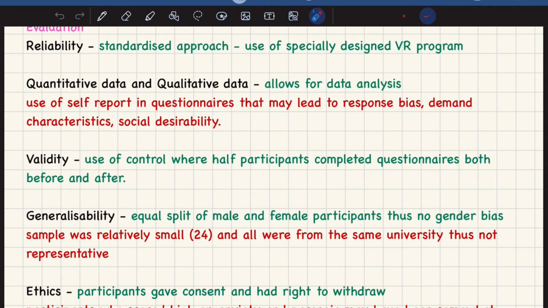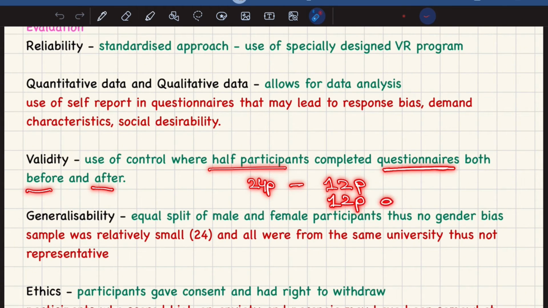So there were 24 participants in total, so basically 12 participants completed the questionnaires before and after, whereas 12 participants completed them only after the study. So 12 completed it before and after, whereas 12 completed it only after the study.